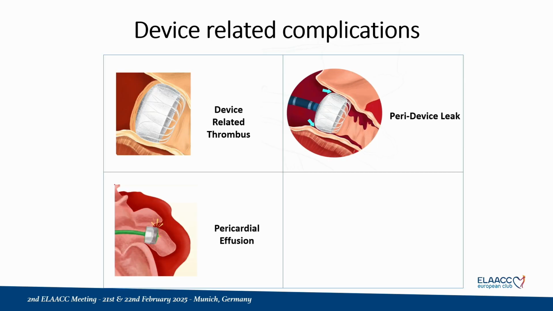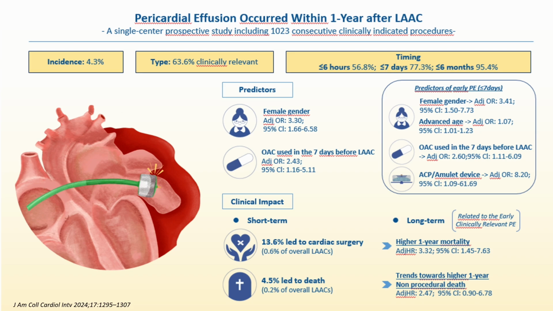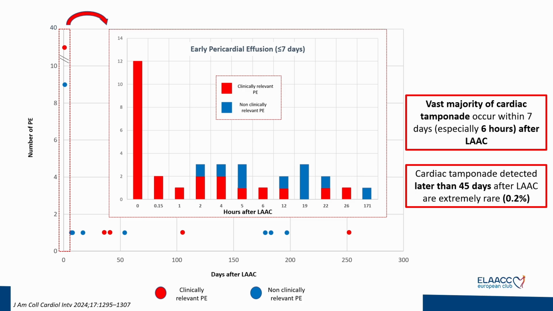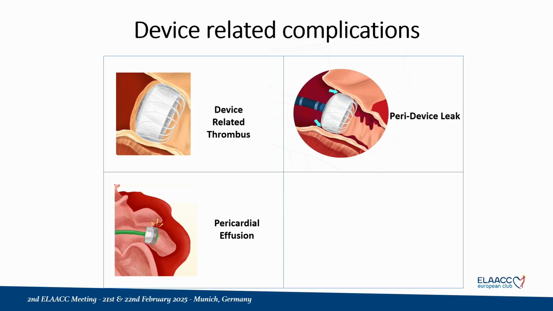Then let's take a look at the pericardial effusion. Last year we shared our experience from Bern, including 1,023 cases, and we observed that the pericardial effusions were especially observed in the first 7 days after procedure, especially in the first 6 hours after intervention, and that cardiac tamponade detected later than 45 days was extremely rare.